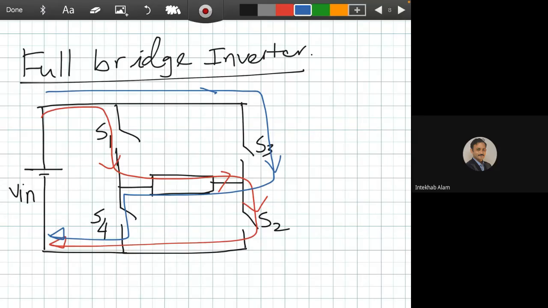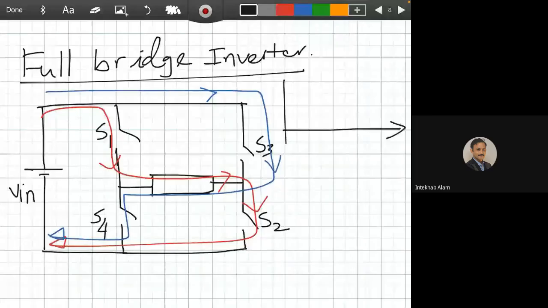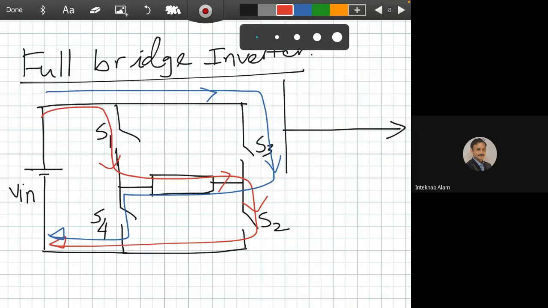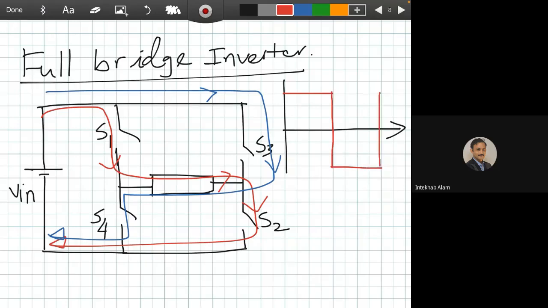And if we want to make the output voltage 220 volt, and this is 220 volt, so the Vin will be 220. Okay.